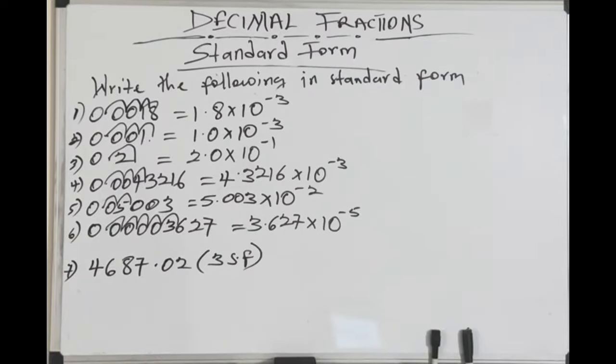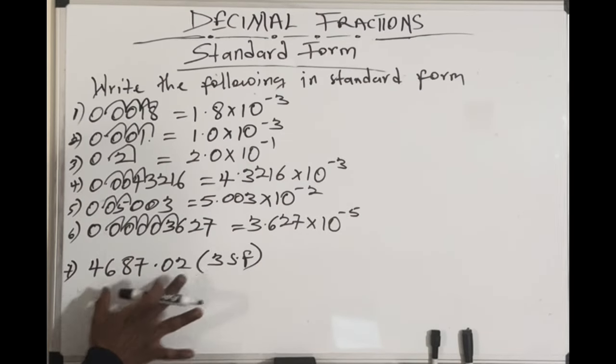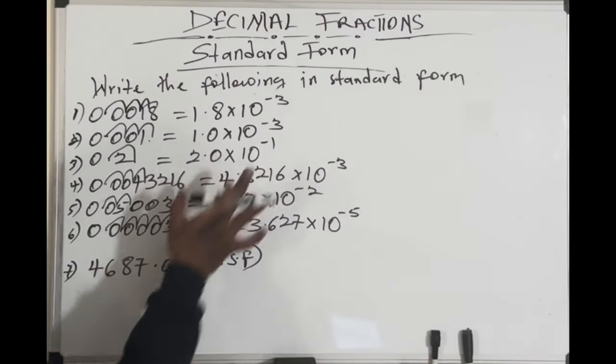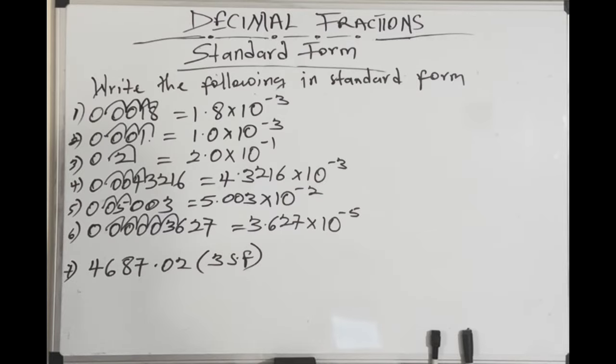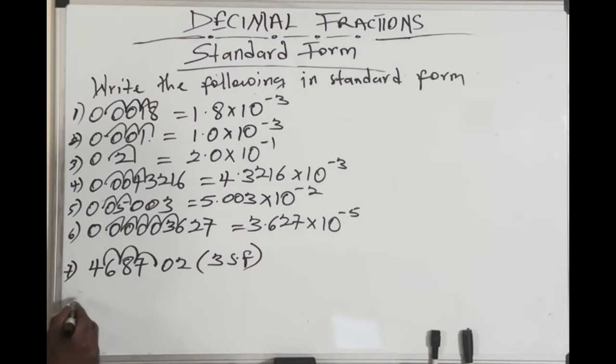And in some cases, you'll be told to further change to significant figures. So with this example, 4687.02, you are told to write it in standard form. After that, to three significant figures. It's very easy. So again, 1, 2, 3.